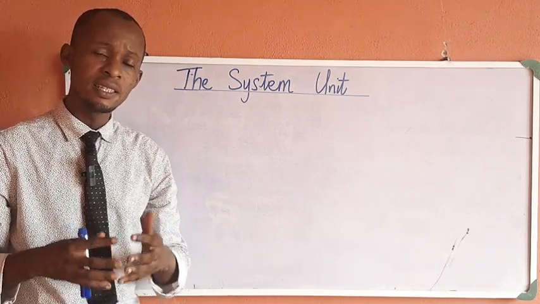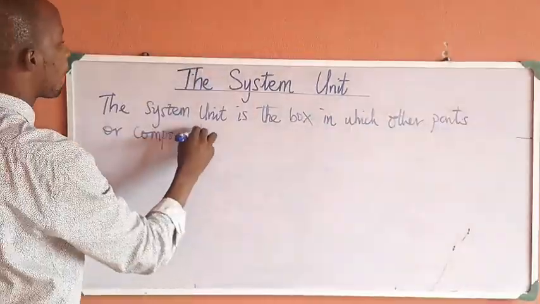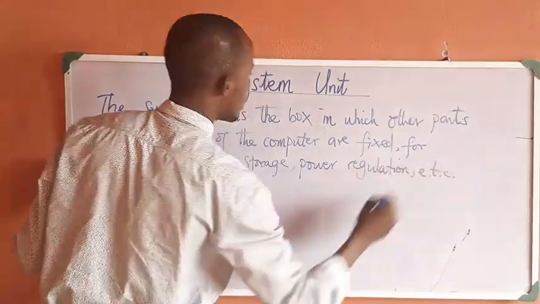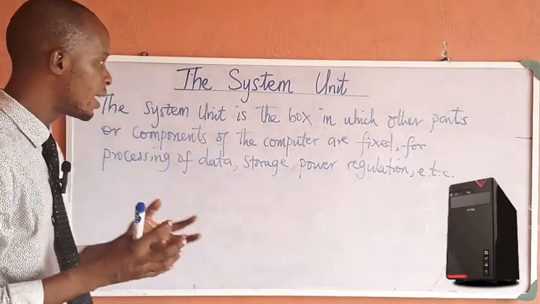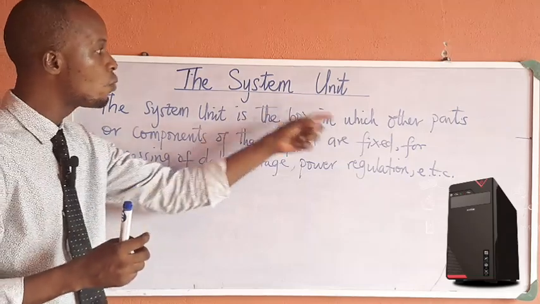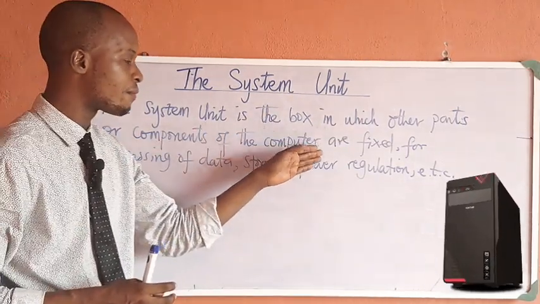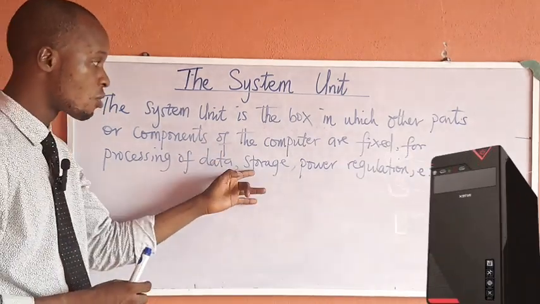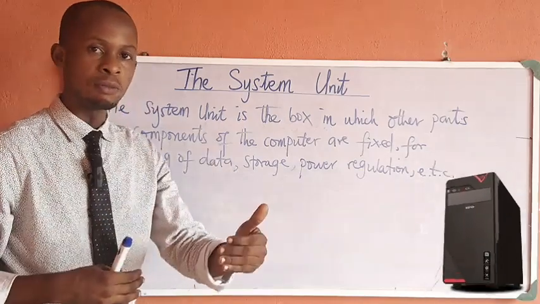Now, what is the system unit? The system unit is that computer hardware, a box in which other parts or components of the computer are fixed for processing of data, storage of data, power regulation and so on.